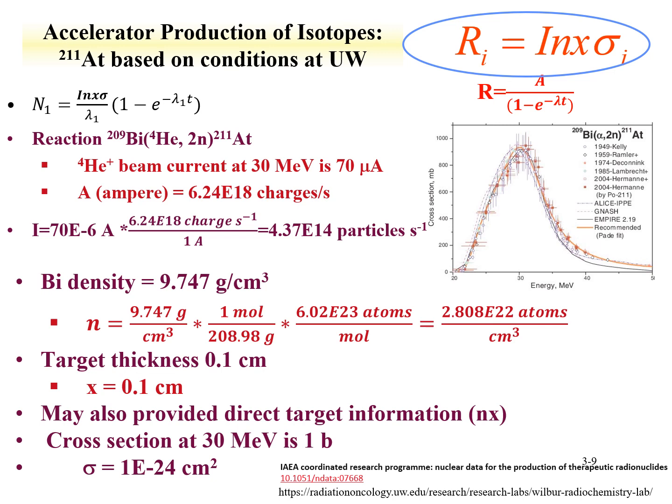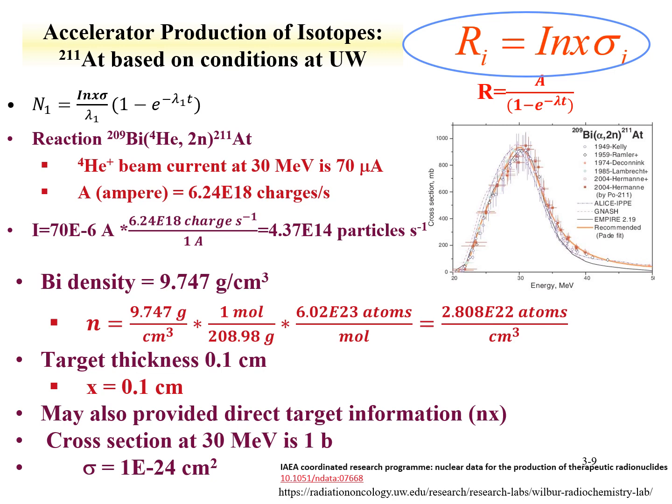And then target information, which includes the atom density, so atoms per centimeter cubed, times the target thickness, which gets centimeters squared.